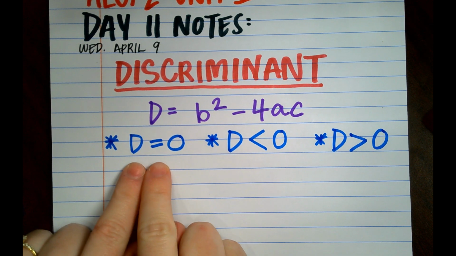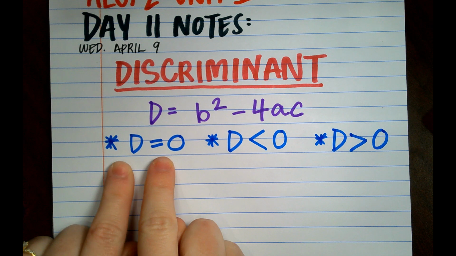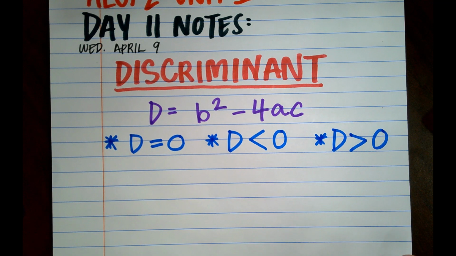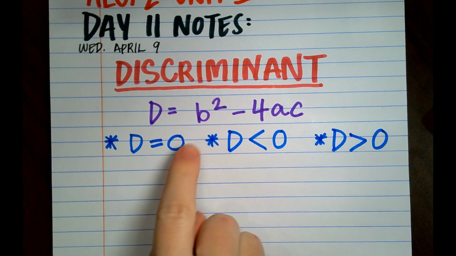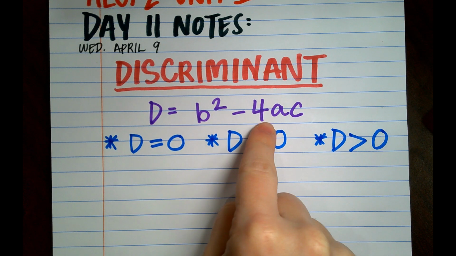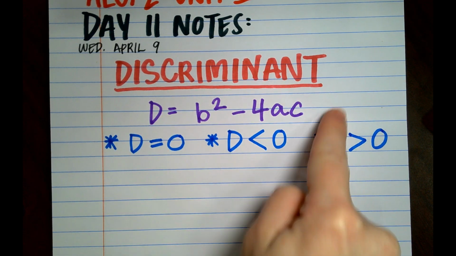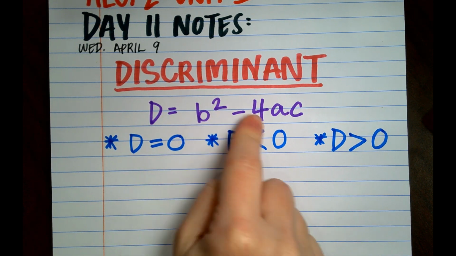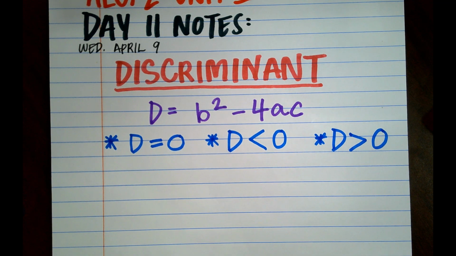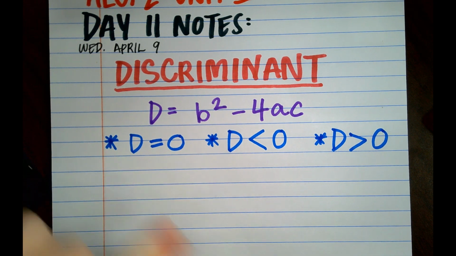Now, if you are getting a discriminant that is equal to 0, what this means is that after plugging in the numbers that you get for B, for A, for C, when you do all the math, you do B squared minus 4 times A times C, the answer you get is 0. It will for sure be the number 0.